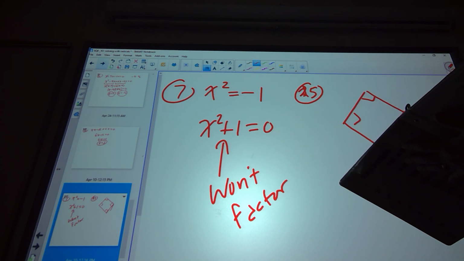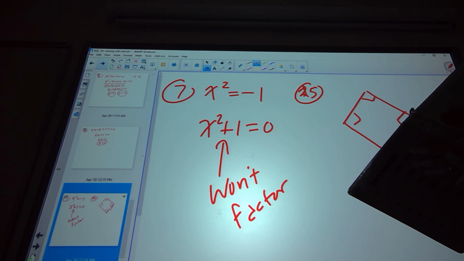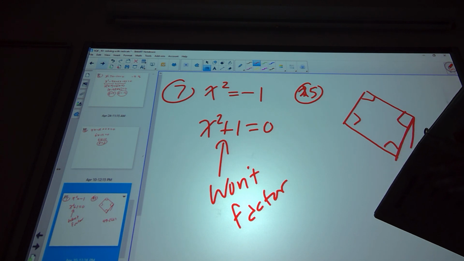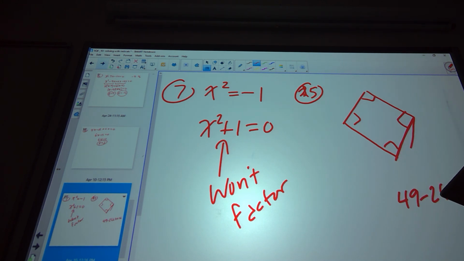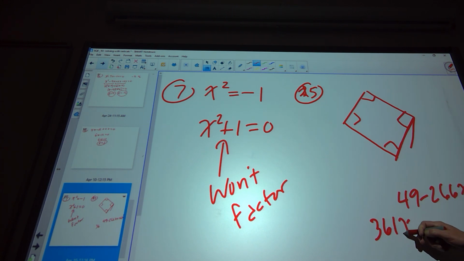Then they tell us to find the dimensions of the figure. So they're saying that the area of this object is 361x squared minus 266x plus 49.